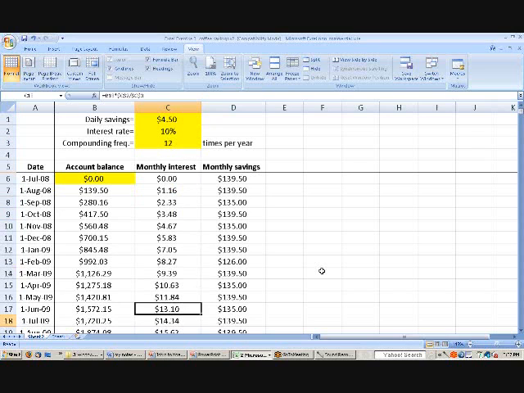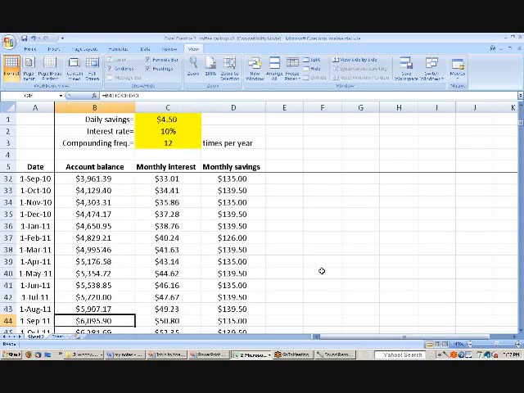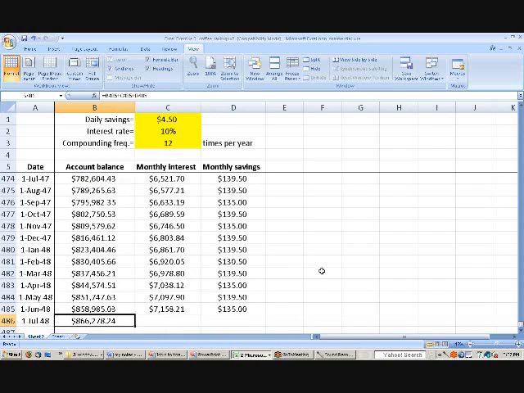So all we have to do is change this one input. All the values in the spreadsheet will update, and then we scroll down to the bottom, and we see that at the end of 40 years, we will have accumulated $866,278.24 worth of savings.